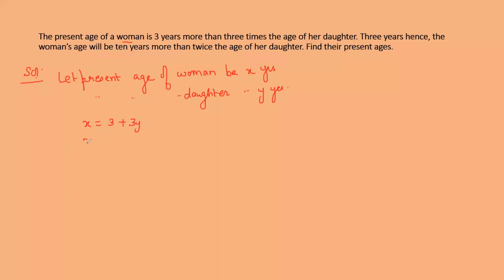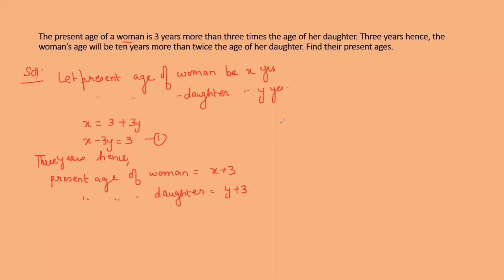This is your first equation. X minus 3y equals to 3. Now 3 years hence. First find out the ages 3 years hence. Age of woman is equal to X plus 3 and age of daughter is Y plus 3.